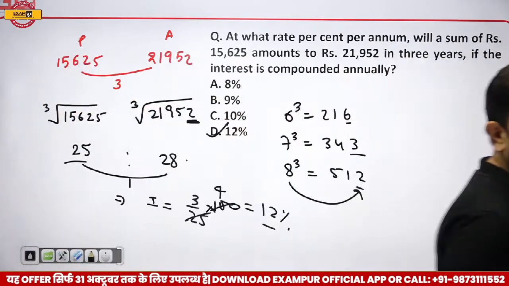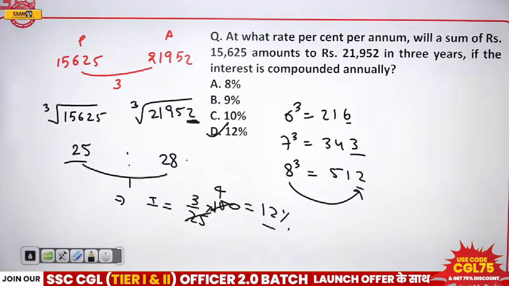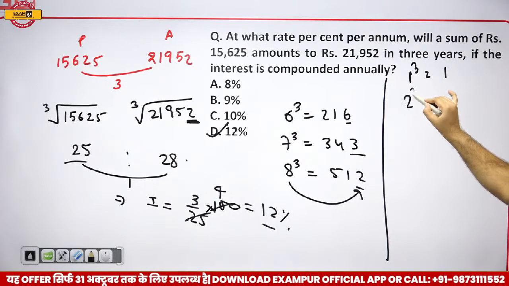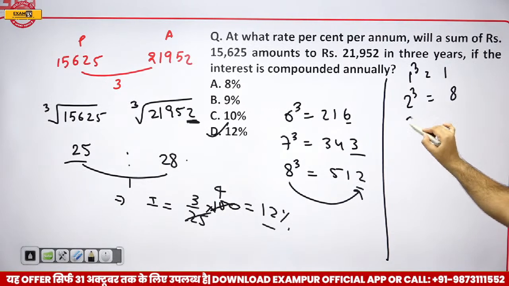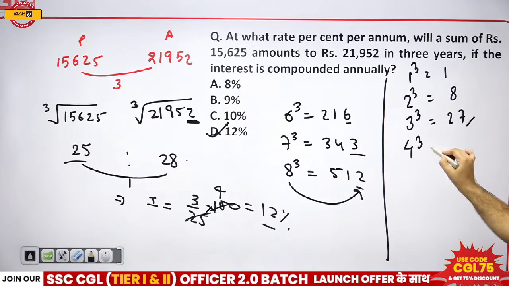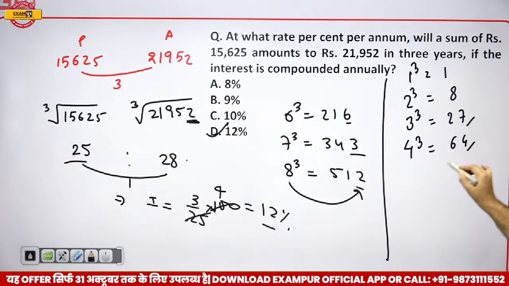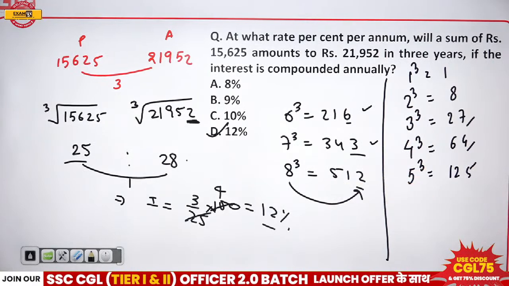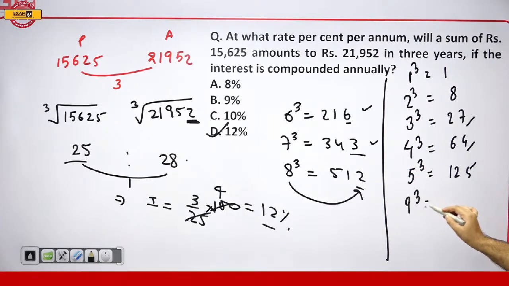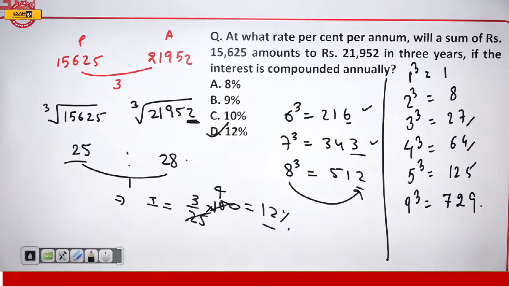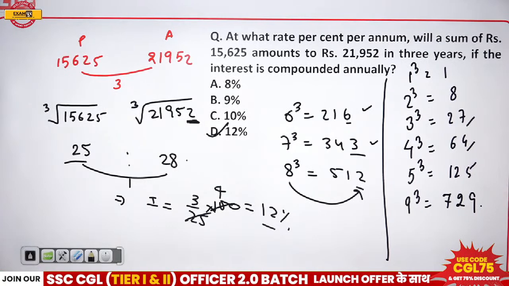Great question, bacha. So every cube is unique. 1 ka cube ends with 1, 2 ka cube ends with 8, 3 ka cube ends with 7, 4 ka cube ends with 4, 5 ka cube ends with 5, 6 ka cube with 6, 7 ka cube 3, 8 ka cube 2, 9 ka cube ends with 729, my dear.